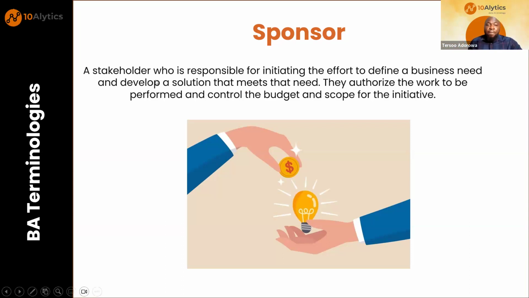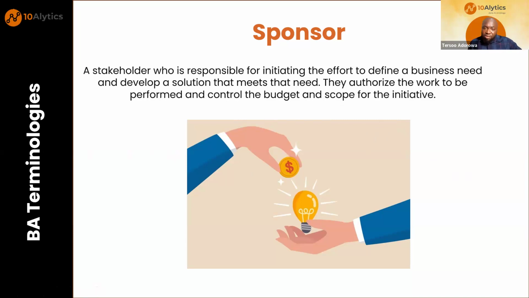So a sponsor is a stakeholder who is responsible for initiating the effort to define a business need. It could be both ways. It could be us initiating and saying, we need to do this within your space, and you are the project sponsor. Or the sponsor says, I need this to be done, and I need you guys to develop a solution. We have this need, and I need you guys to develop a solution to solve that need. And then they are going to go ahead to authorize.